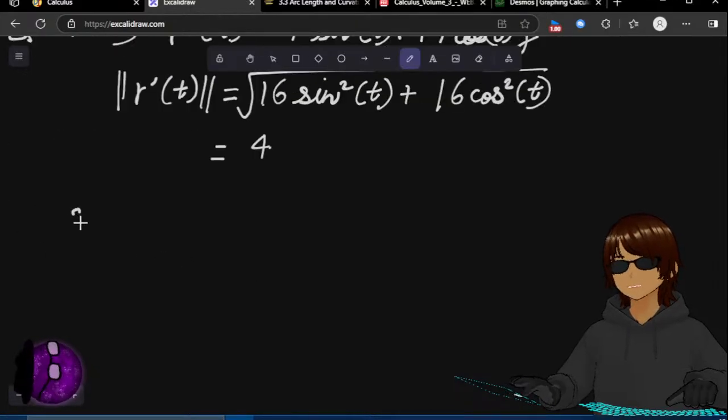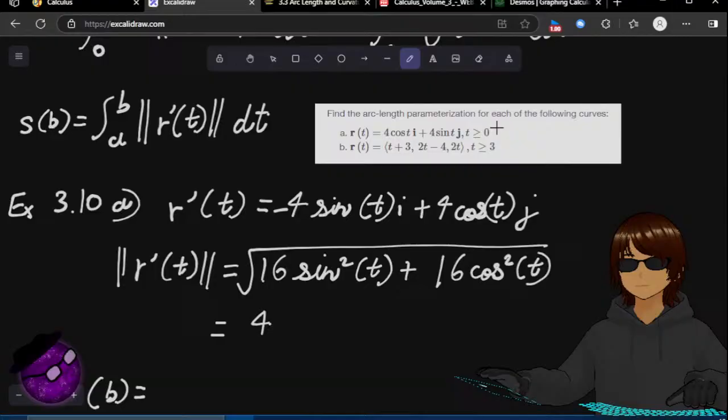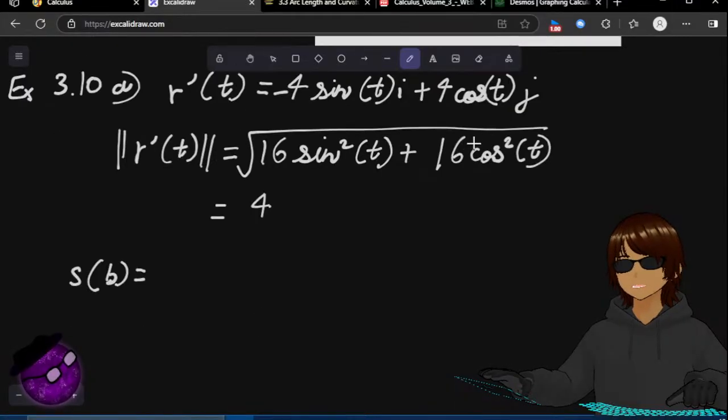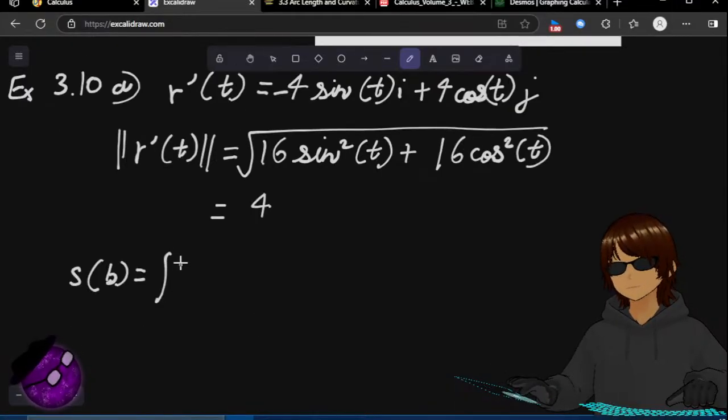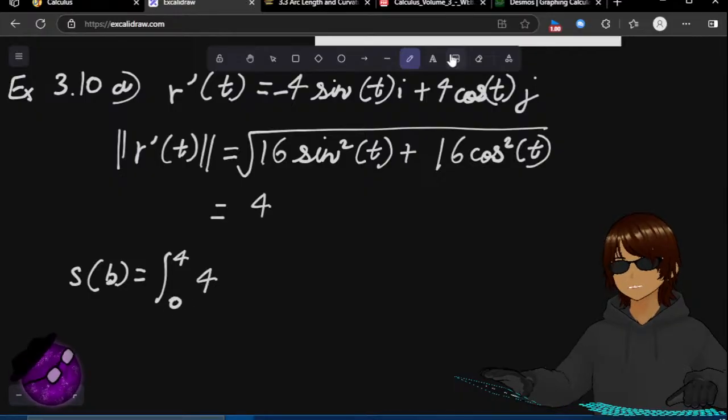Now the arc length, it's from 0, right? From 0, just 4. No, wait.